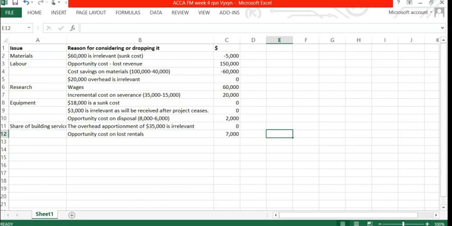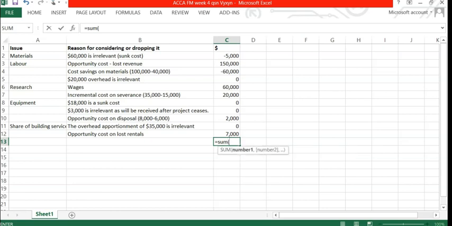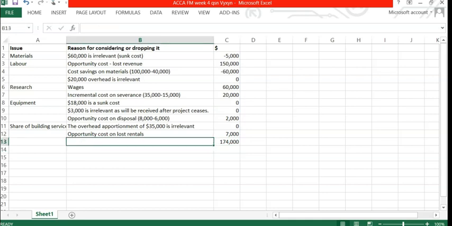And all right, so let us determine the total there. Okay, so we come here and we say add everything up, and we get our 174,000. So that's the total project cost.